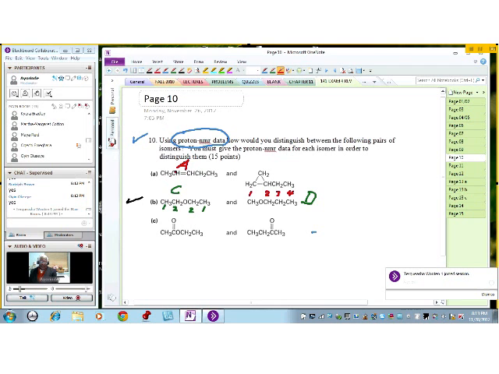Yes, compound A will have 5 signals. Yes, that is correct. And of course, this here, we have 4 signals. This one here, 1, 2, 3, 4. The same thing for compound C here, we have only 2 signals, whereas this compound D will have 4 signals, okay?